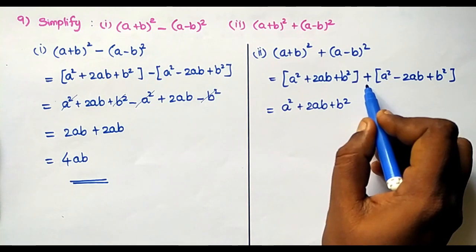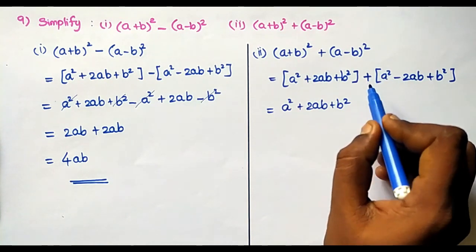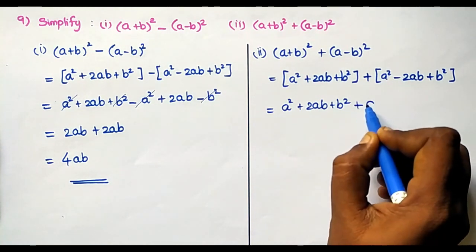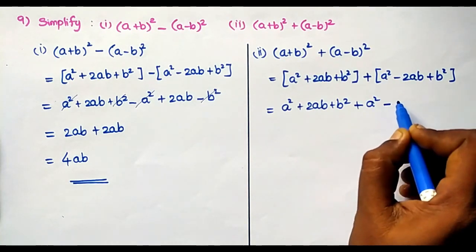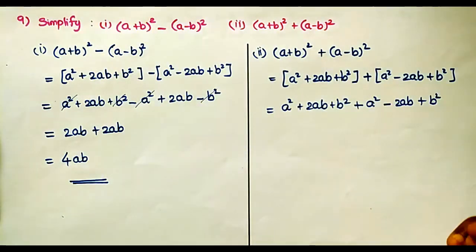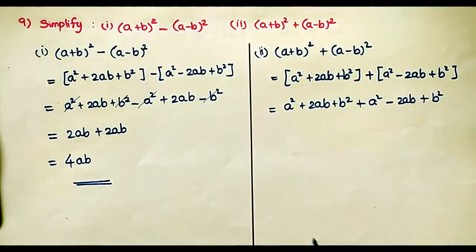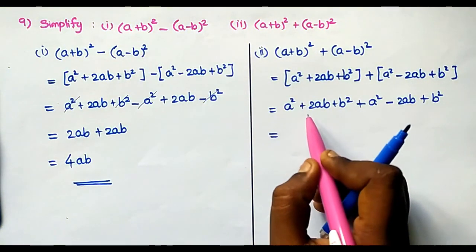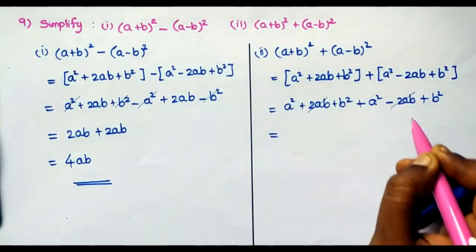Now multiply this plus with everything, plus into plus, plus a squared, plus into minus, minus 2ab, plus into plus, plus b squared. Now plus 2ab minus 2ab get cancelled.